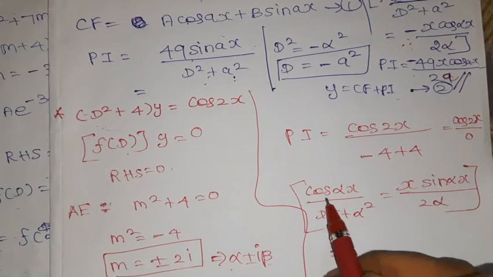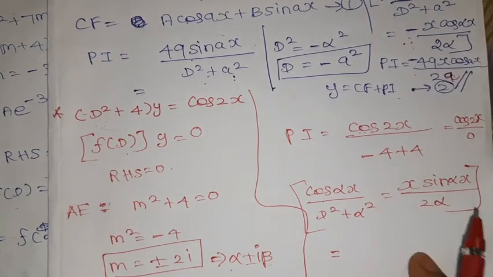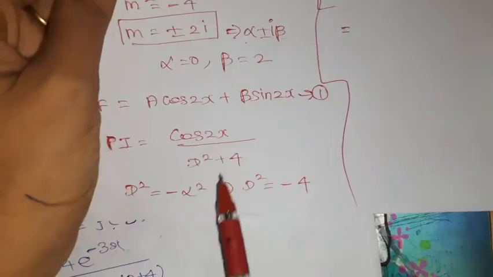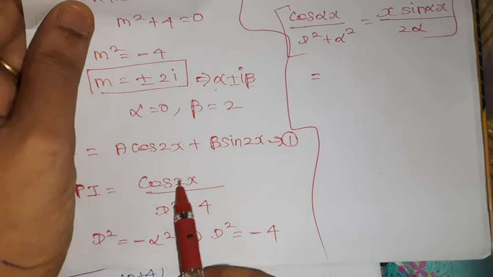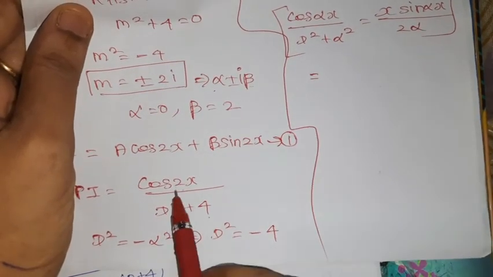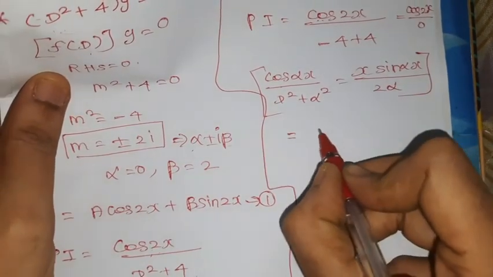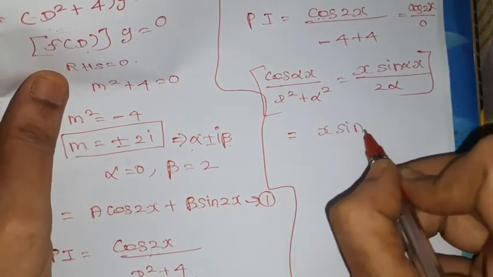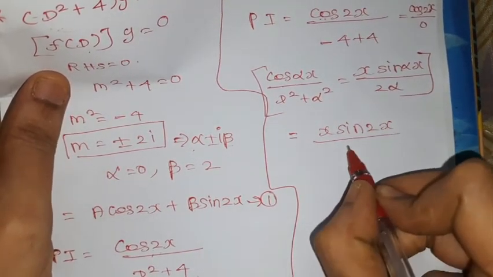So just substitute. It is in the form of cos 2x divided by D squared plus alpha squared. What is alpha here? Alpha is nothing but 2, and alpha squared is 2 squared, 4. So it is the same form: x sin alpha x divided by 2 alpha. Alpha equal to 2, so x sin 2x divided by 2 into 2, 4.